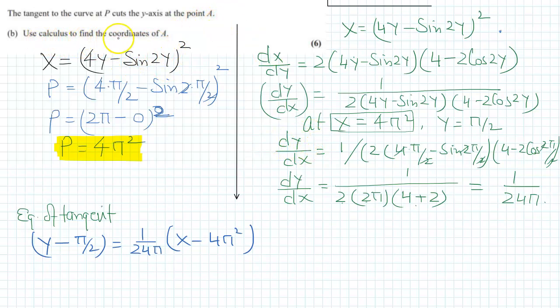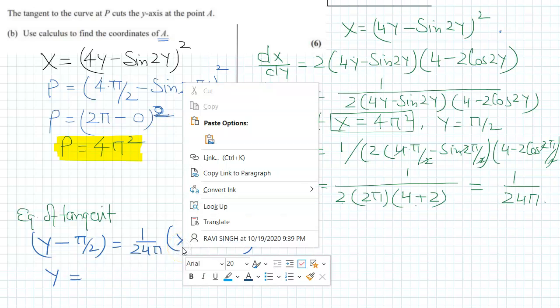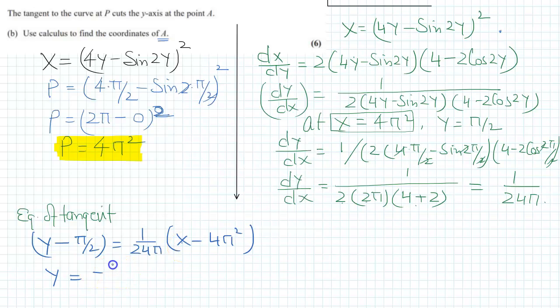What they are asking is to find the coordinates of A. We know that A is on the y-axis, so x will be 0, and we have to calculate y. So y is equal to, with x as 0, minus 4π² over 24π, plus π/2.